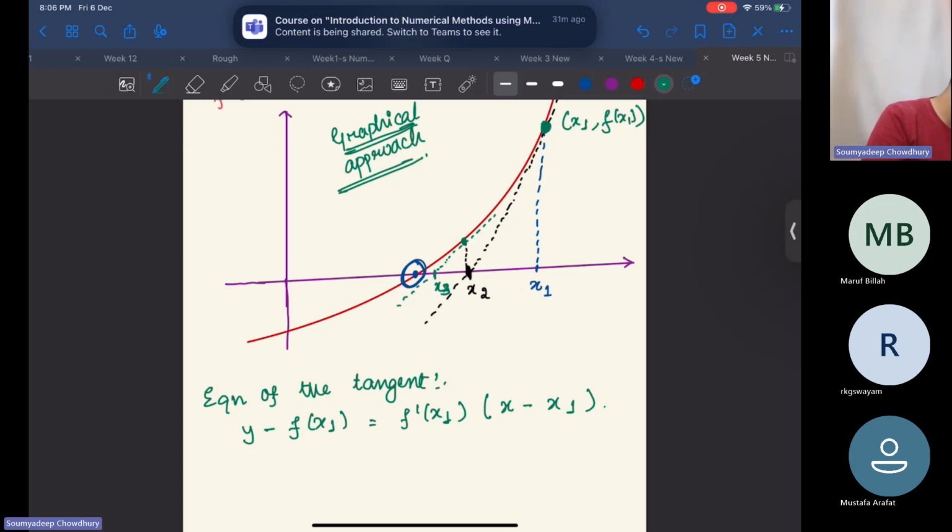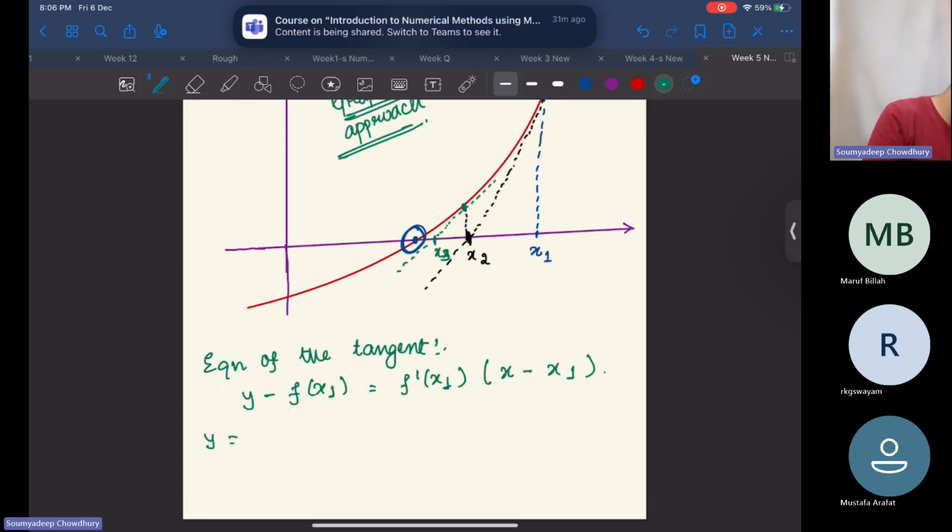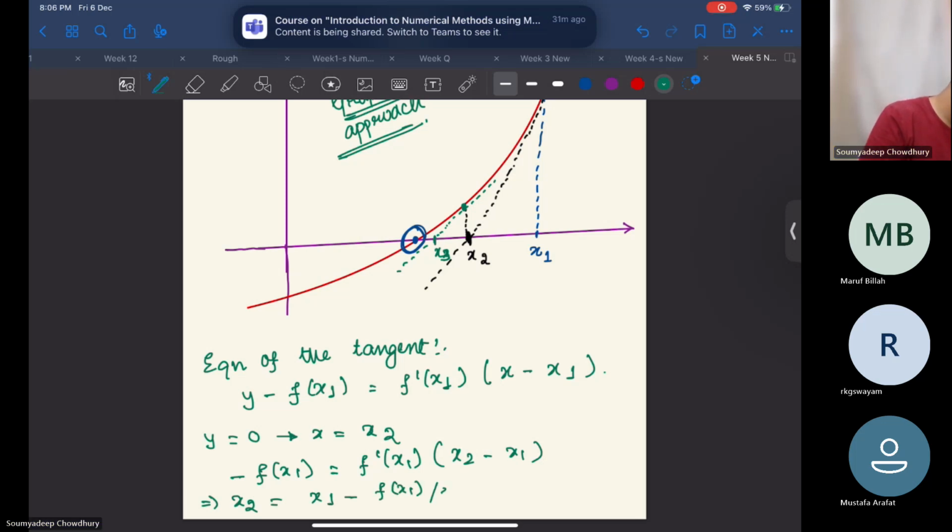So if we substitute y equal to 0, then x is equal to x2. Substituting, minus f of x1 equals f dash x1 into x2 minus x1. From this, we find x2 as x1 minus f of x1 by f dash x1. So this is the iterative formula.